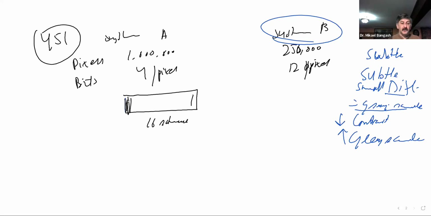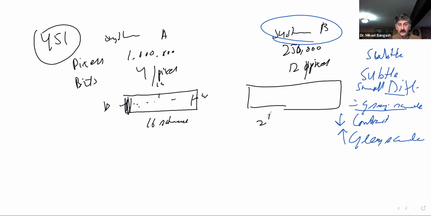Of course, one shade is going to be black and one is going to be white, so in between there are only 14 shades. But here we have 12 bits per pixel. Multiply 2 by itself 12 times. Whatever number you get, we know that it's going to be a much greater grayscale.